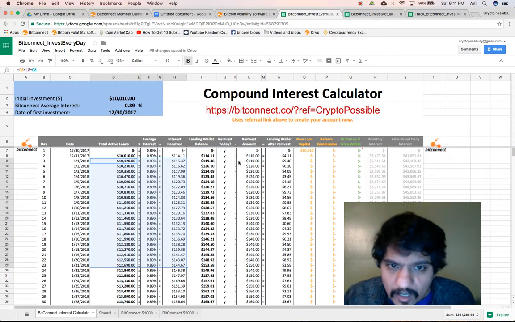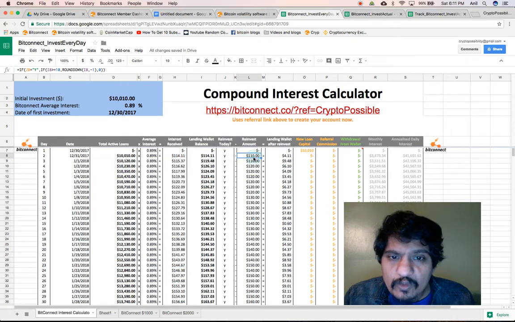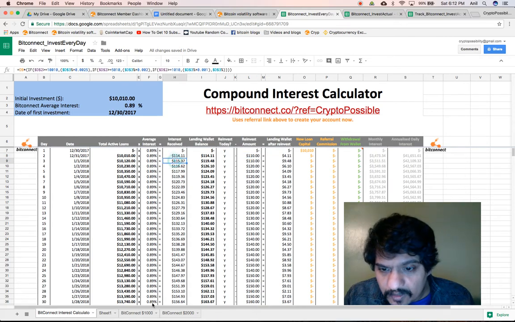From here onwards, it's completely erroneous, because Bitconnect does not give you interest of 1.14%, which includes 0.25 guaranteed interest, on a reinvestment of $110. It only calculates the software volatility interest and gives you that. So whatever this value is, this is wrong.